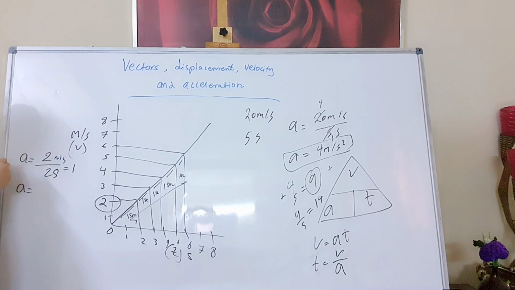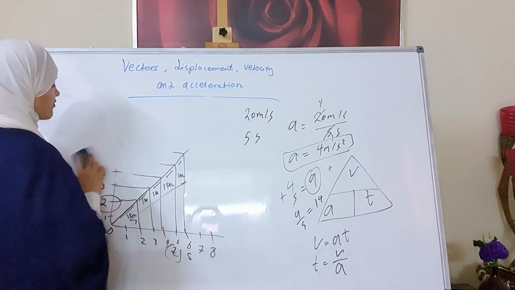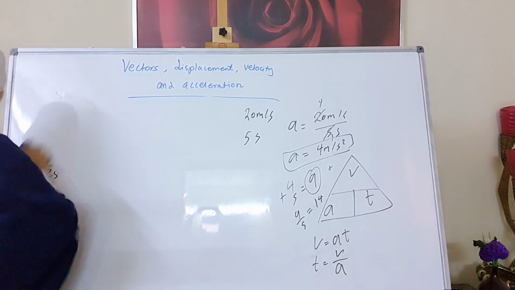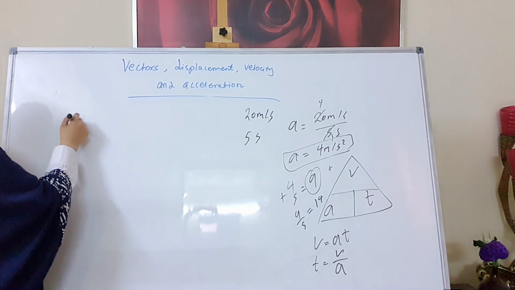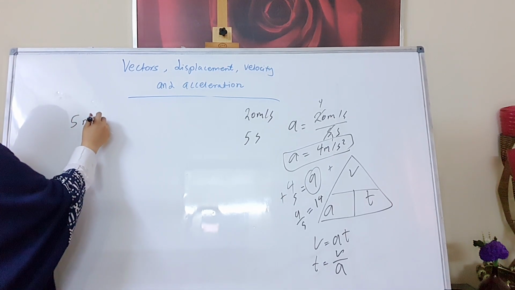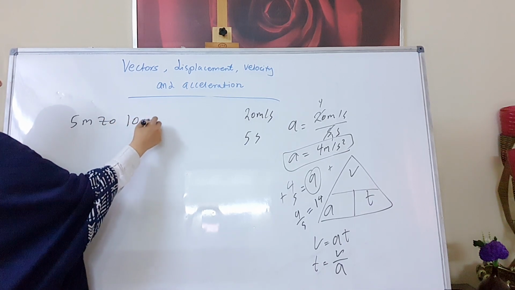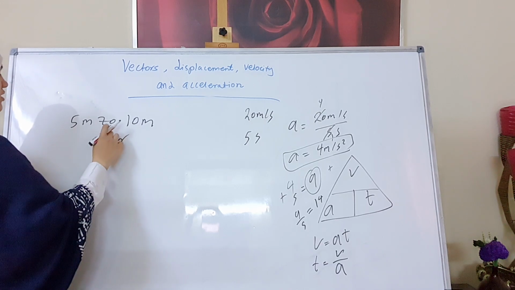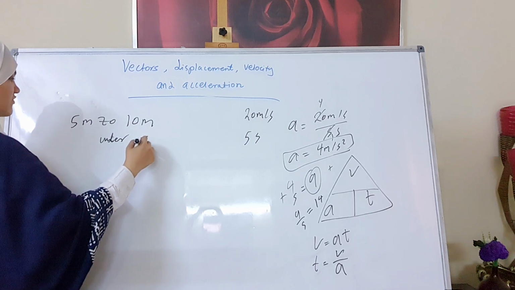Okay? So after that, what will happen if we have a question that says for the first distance, starting from 5 meters, let's say it's 10 meters, under 5 seconds.